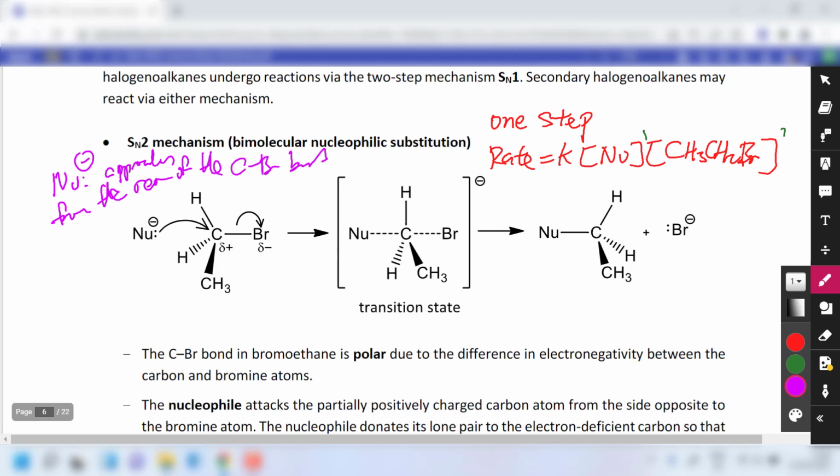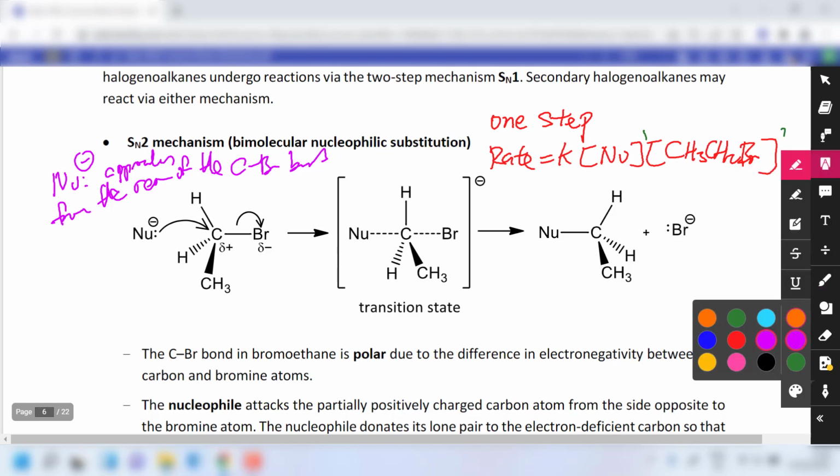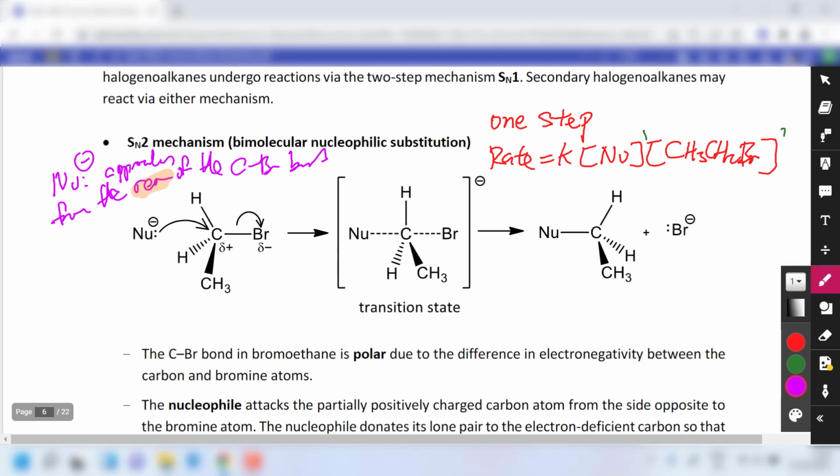So that means one of the key points to consider for second order nucleophilic substitution is that the rear of the C-Br bond must be relatively unhindered. This is ideal.